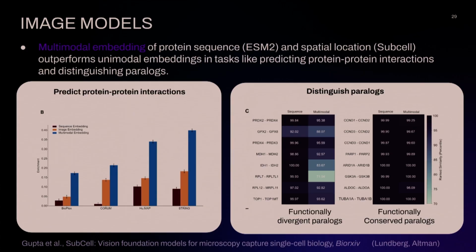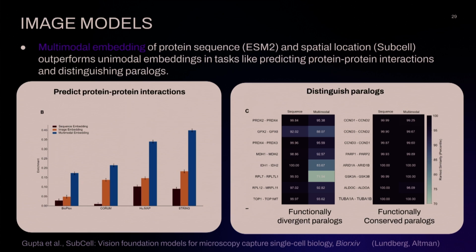And this is, of course, very encouraging, because what if we try to join these two embeddings? Can we get better performance when trying to understand the function of genes? So we demonstrate this, we do multimodal embedding of ESM2 and subcell embeddings, and we can show on many different tasks that it outperforms the unimodal embeddings. So to the left here, we're trying to predict protein-protein interactions.